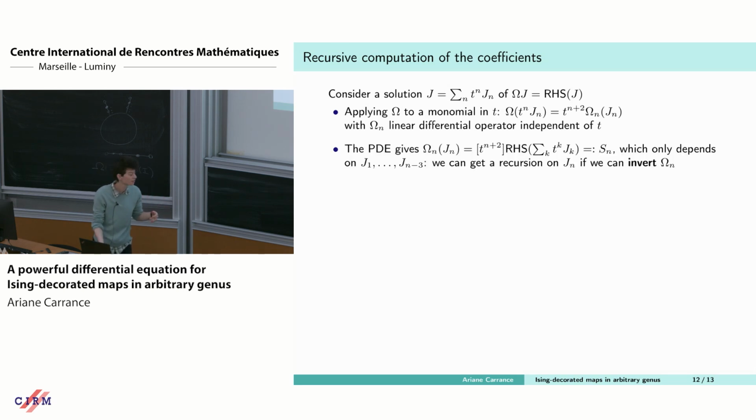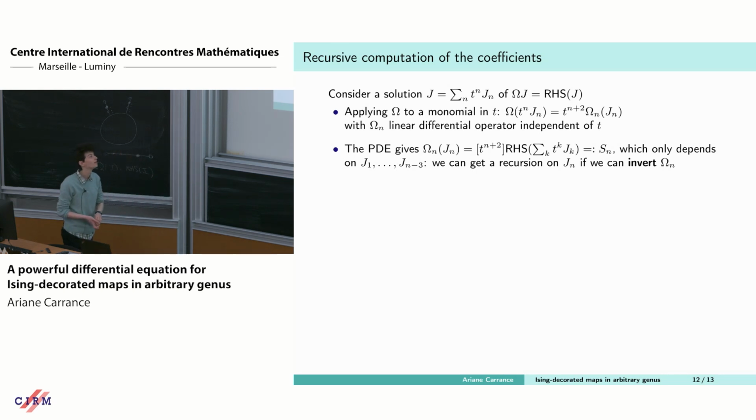And if you look at the coefficient of T^(n+2) in this equation, on the right-hand side you'll have something that a priori depends on all the polynomials j_k, but from the exact definition of the different terms in the right-hand side, it turns out that it only depends on terms up to n minus 3.